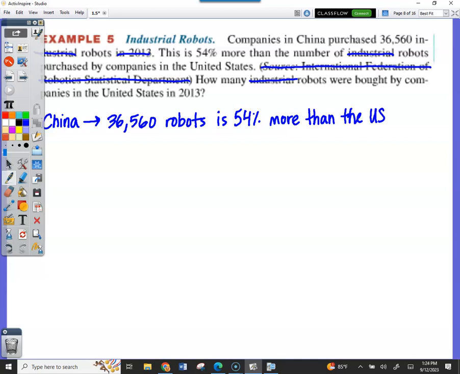And what is the overall question here? So how many robots were bought by the U.S.? So you would come down to the bottom and you would say to yourself, the U.S. bought blank robots, so that you remember the goal.